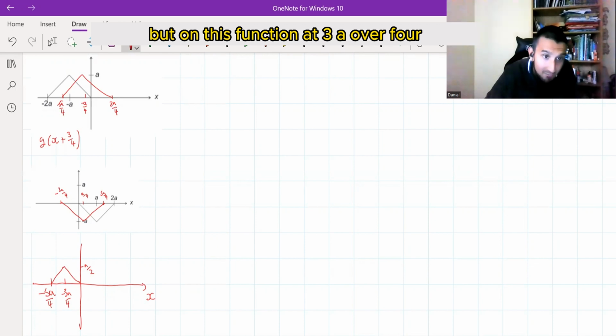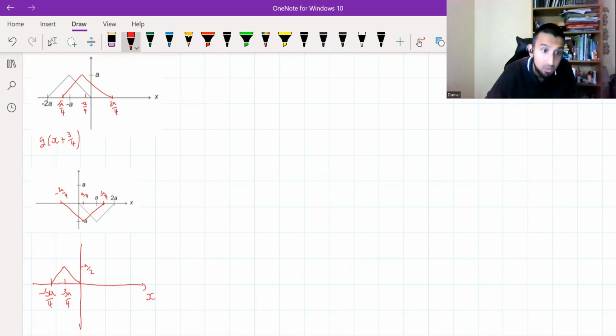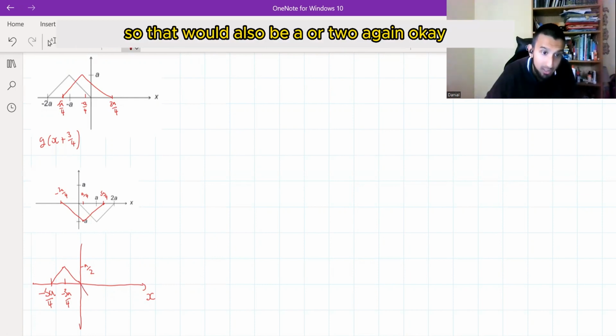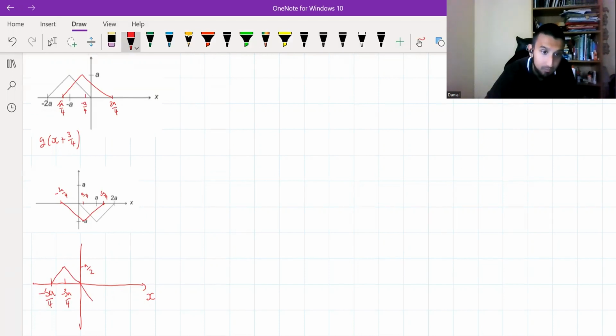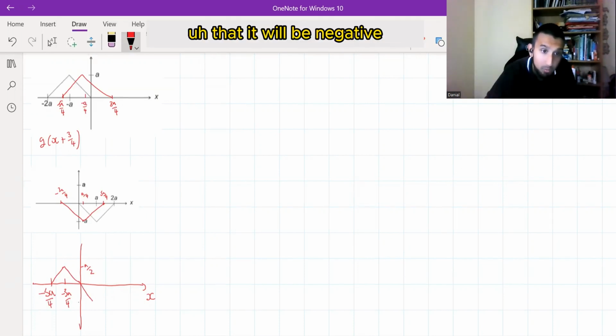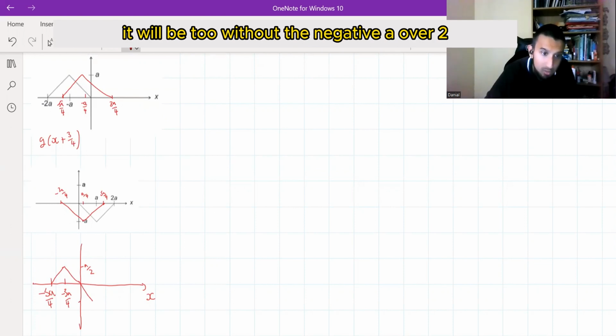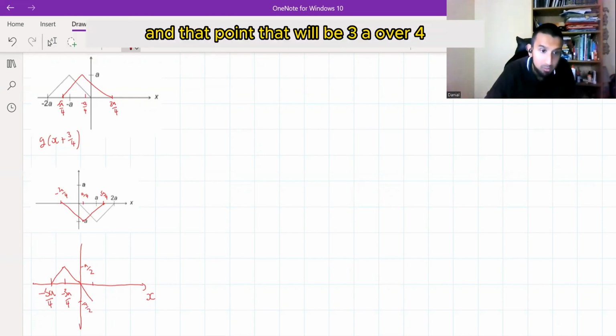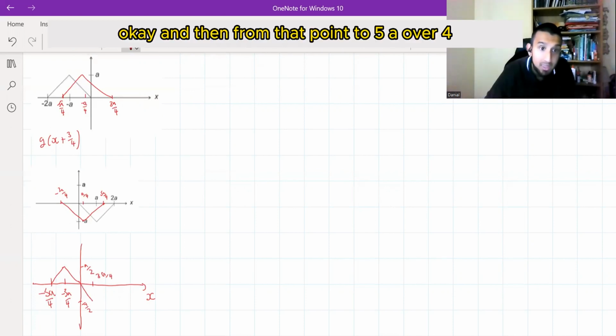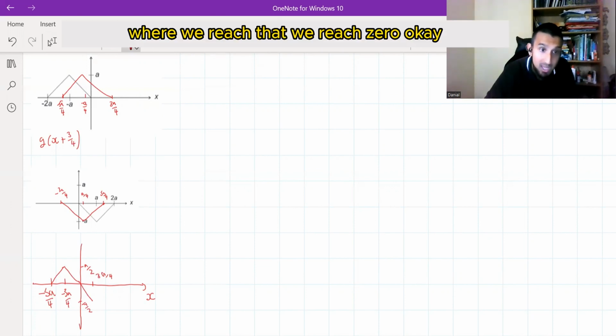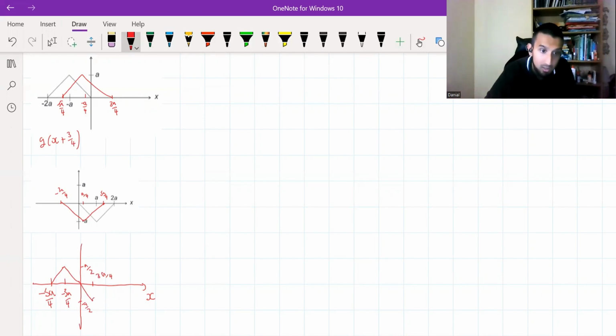But on this function at 3a over 4, we would have done a over 2. So that will also be a over 2 again, okay? But it will be negative a over 2. So that will be negative a over 2. And that point there will be 3a over 4. Okay, and then from that point to 5a over 4, where we reach 0, okay, until 5a over 4.